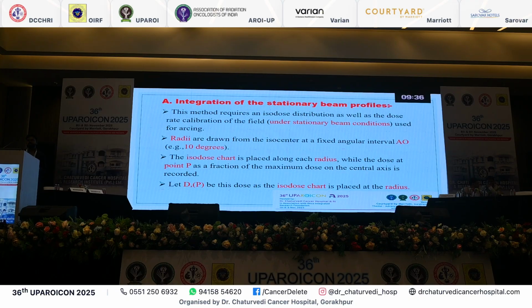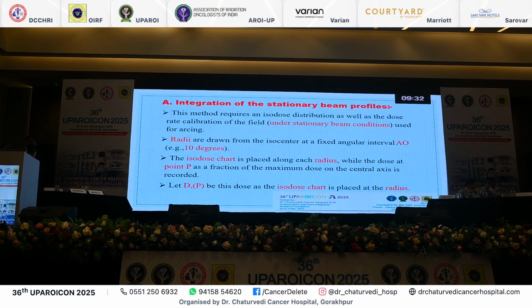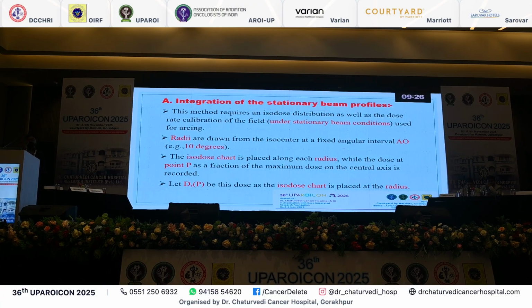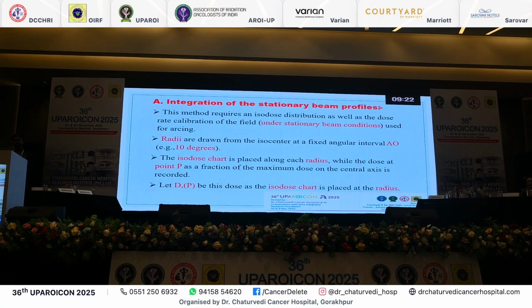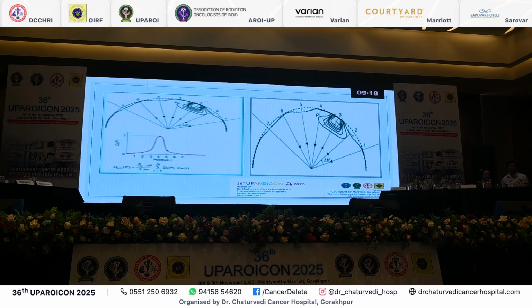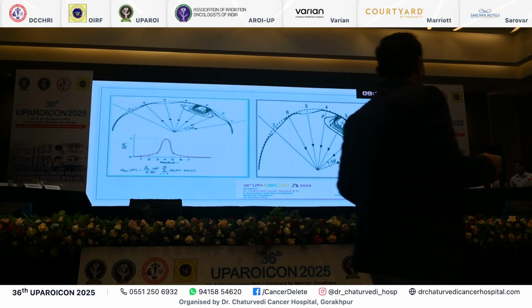The isodose chart is placed along the radius, and the dose at point P is found as a function of the maximum dose on the central axis of the field. This is the contouring of the isodose chart.